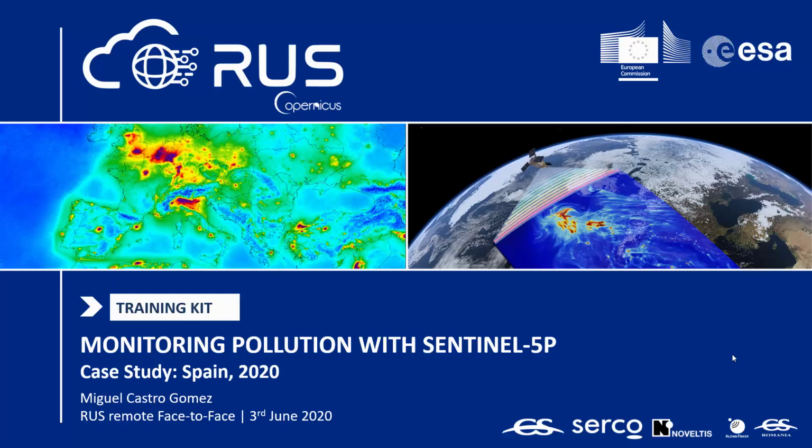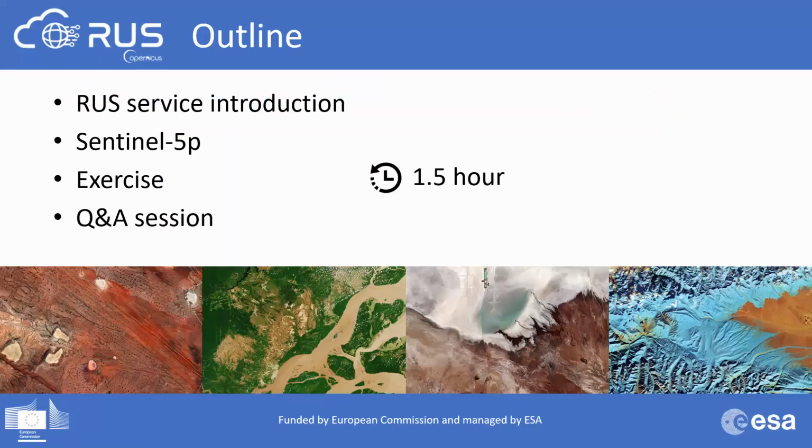Before starting, let me tell you that, as you may already know, we are going to run this exercise using Python, so it might be a little bit different from previous RUS training events that you might have seen or not. Okay, so let's get started. The first thing I want to show you is the outline I will follow in this training session. First of all, I will introduce you to the RUS Copernicus service so that you have a better idea of how this project can help you in your projects with Copernicus data.